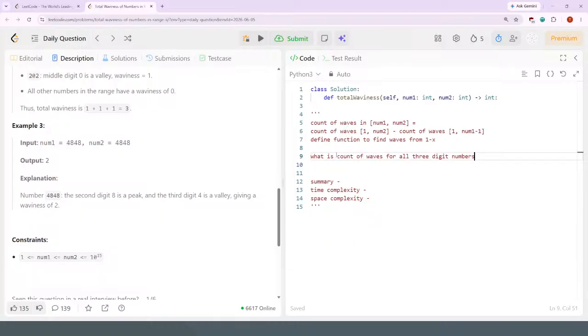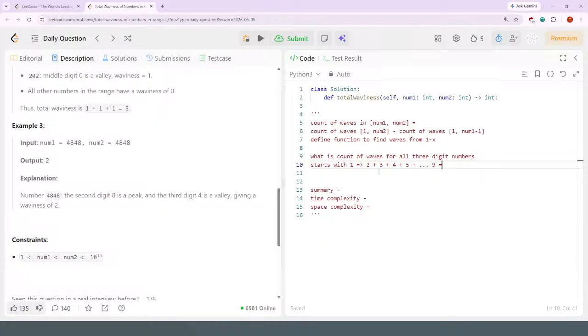So if it starts with 1, it's going to be 2 plus 3 plus 4 plus 5 plus dot dot dot 9.